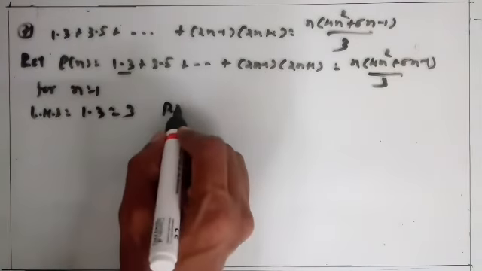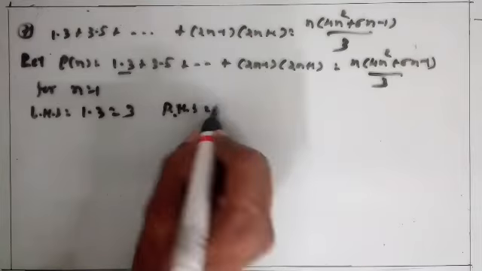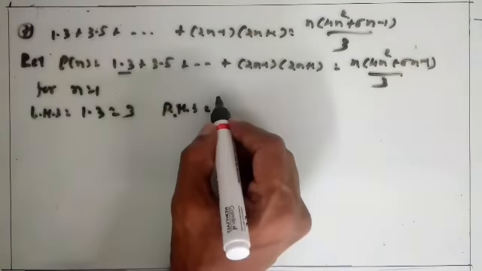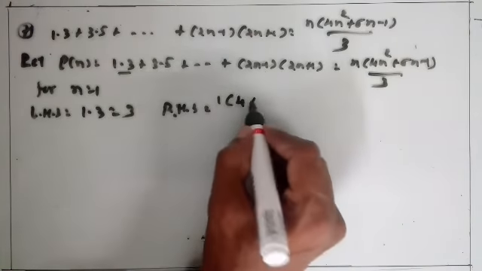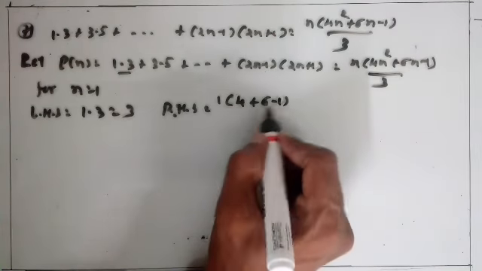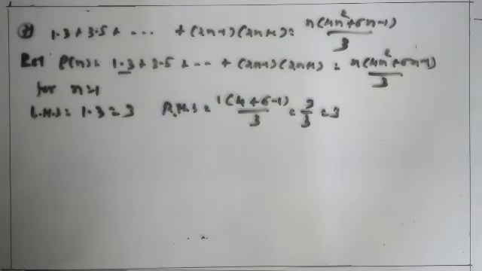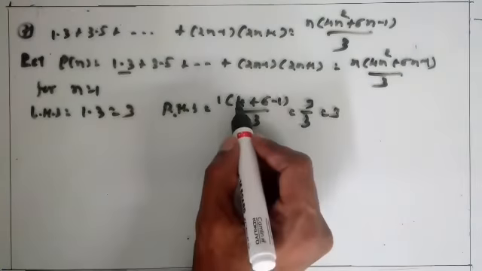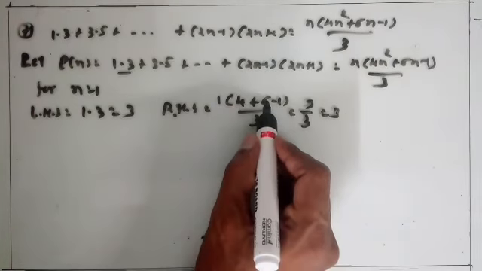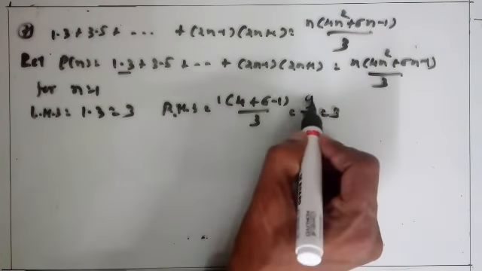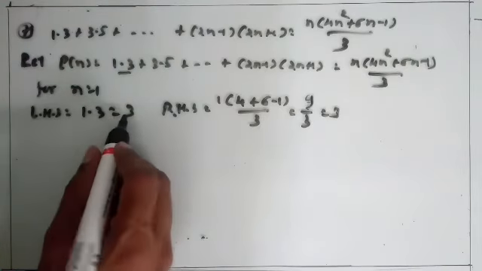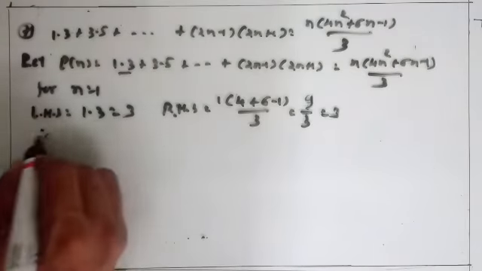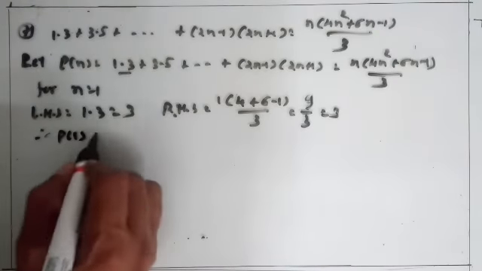And the right hand side, RHS, is equal to, replacing n by 1, 1 into (4 into n square, that is 4, plus 6 into n, that is 6, minus 1) upon 3. Here 4 plus 6, 10 minus 1, that is 9 upon 3 is equal to 3. So LHS is equal to RHS. Therefore P1 is true.